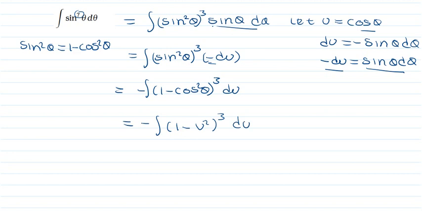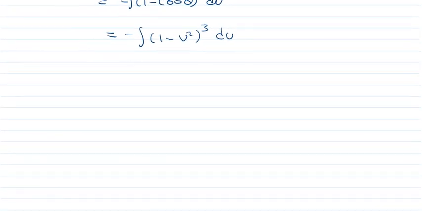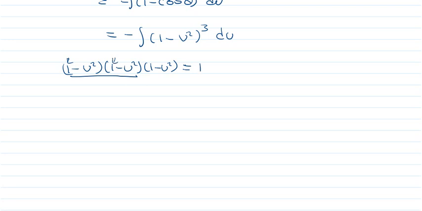So to do this best, I think we can split the parentheses, meaning that we are going to have 1 minus u squared multiplied by 1 minus u squared multiplied by 1 minus u squared. How do we do that? This is equal to, we can start with the first two. So say 1 multiplied by 1, it's going to give us a 1. Then 1 multiplied by negative u squared is going to give us a negative u squared.